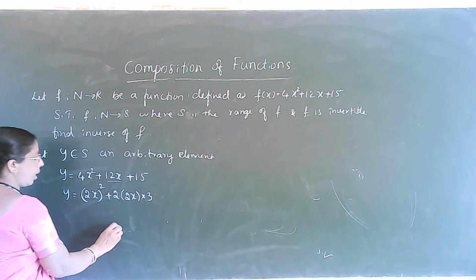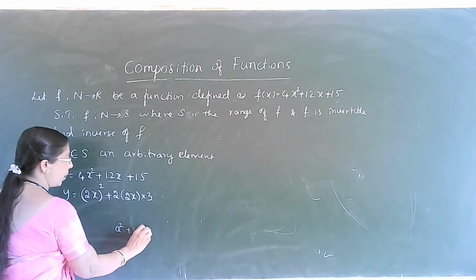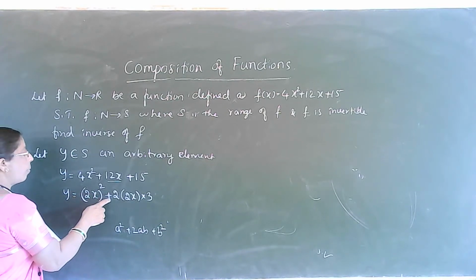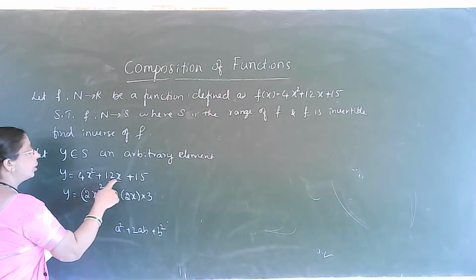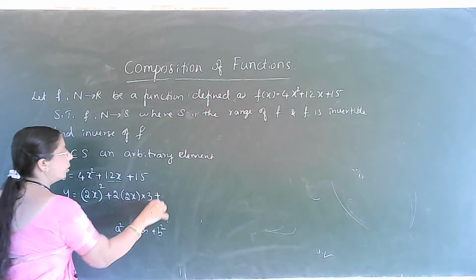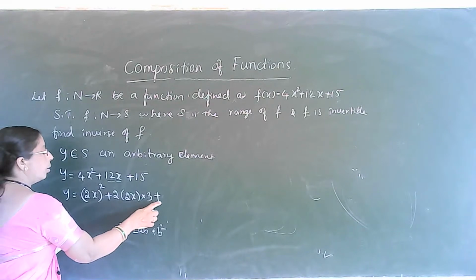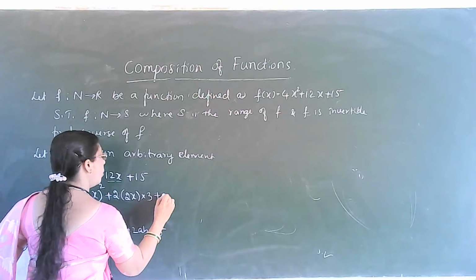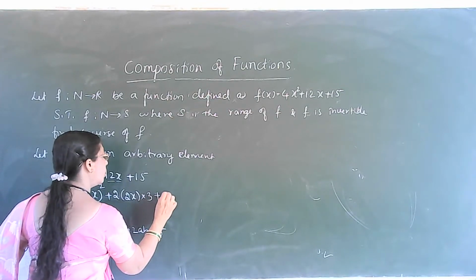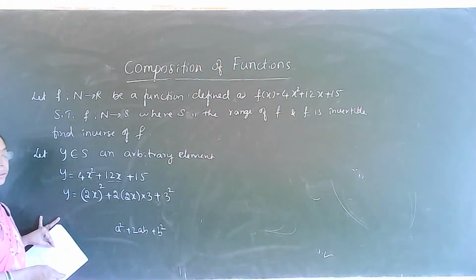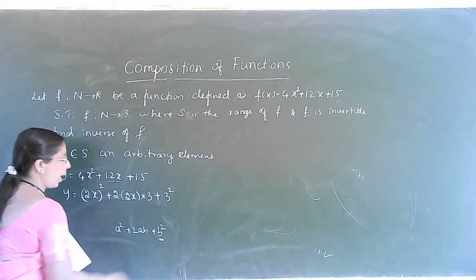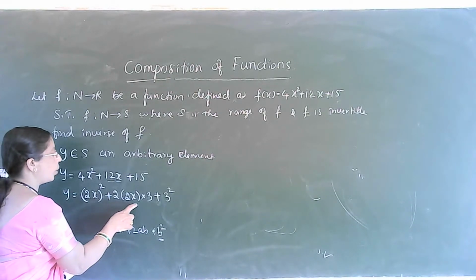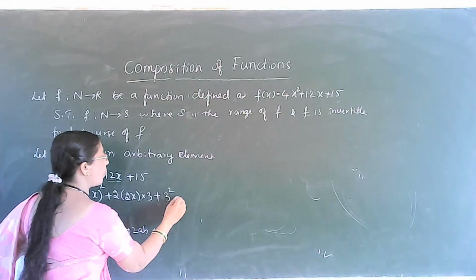I write it in the a square plus 2ab plus b square form: (2x) whole square plus 2 times 2x into 3. Here b is 3. Then the third element is 3 square, we add 3 square because b square is needed.